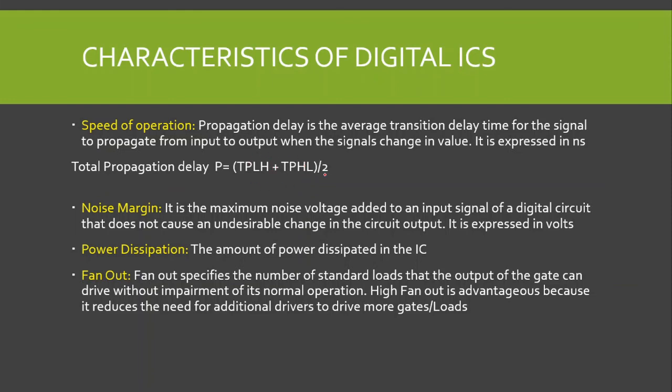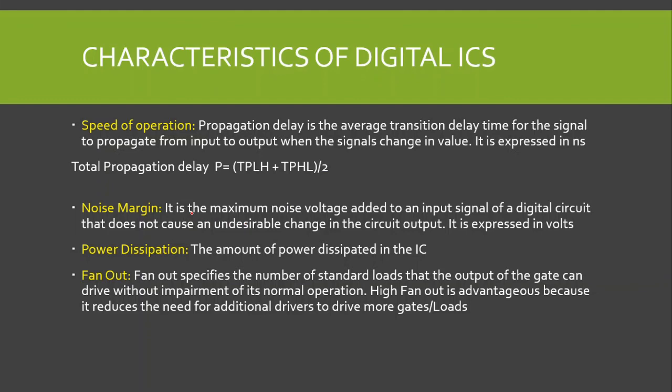Now an IC has a number of logic gates, so the propagation delay of the IC will be equal to the sum of the propagation delays of all the logic gates that are present in that IC.